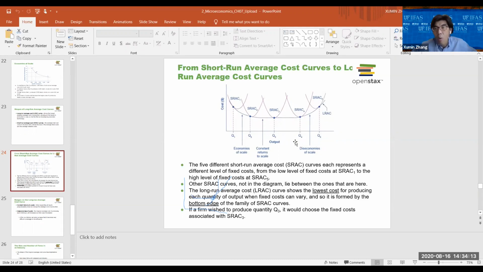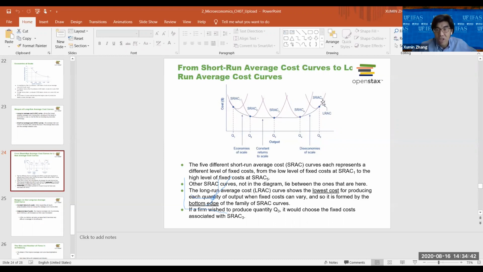And then we can see the lowest or minimum cost, which is Q3, okay? So the idea behind that is that this area is what we call the economies of scale. We are decreasing the average cost in this range, okay? But then we are entering into constant returns to scale in this range. So this is the ideal range, okay? So this is the minimum, right?